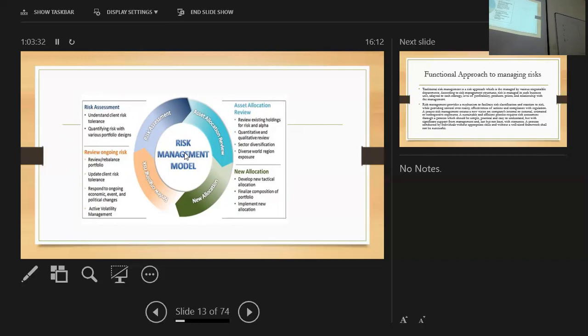Now, remember with risk mapping, I said we look at risk in two planes, right? We look at the probability or likelihood of a risk occurring and its severity, which is risk mapping. So when we look at risk mapping, we have high, low, low, high.